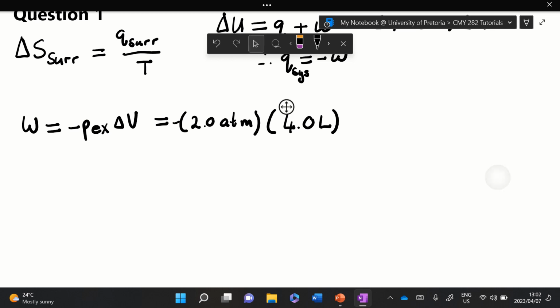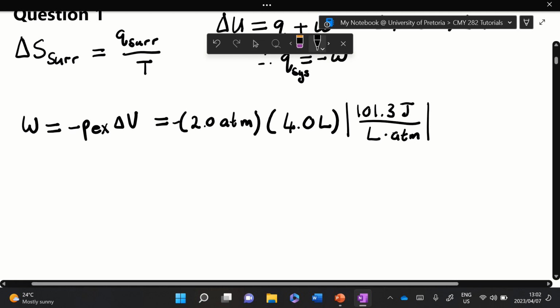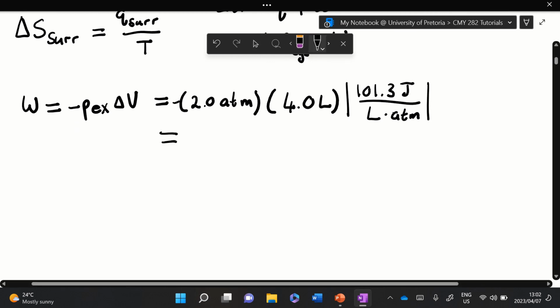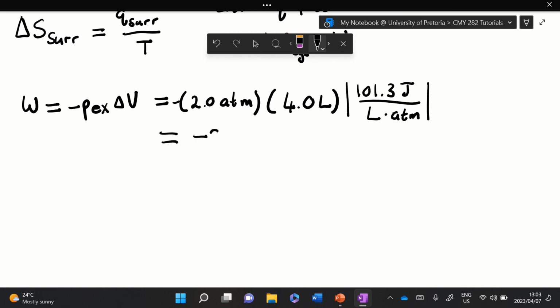But there's a nice conversion factor given in your textbook, which is 101.3 joule per liter atmosphere. So if you ever have any calculations which involve liter and atmosphere, then you can quickly convert to joule using that. So this gives us a value of minus 810 joule.